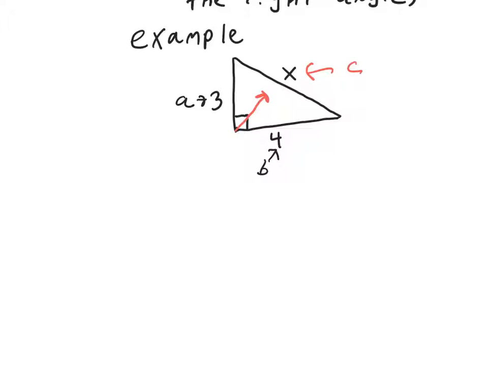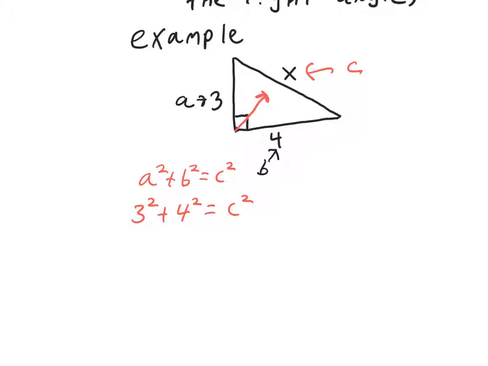We put it into our Pythagorean theorem, which says a squared plus b squared equals c squared. A is 3, so we get 3 squared. B is 4, so we get 4 squared, and we're looking for side c, so it equals c squared.